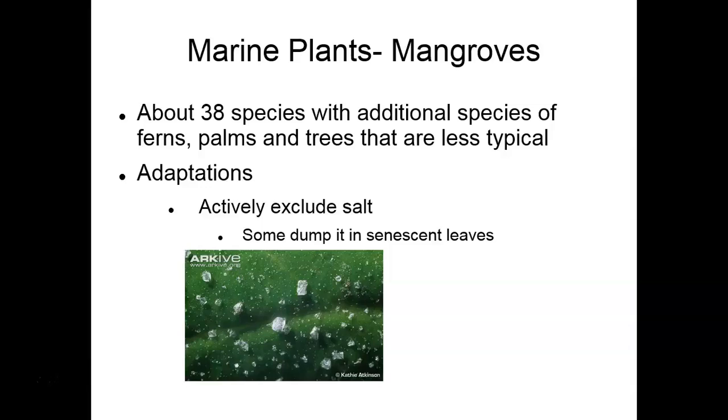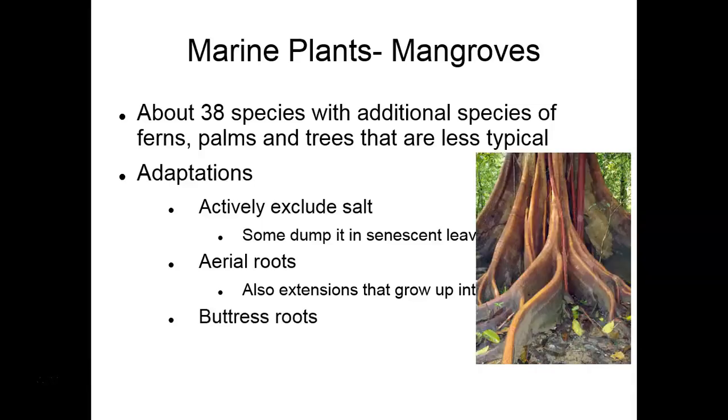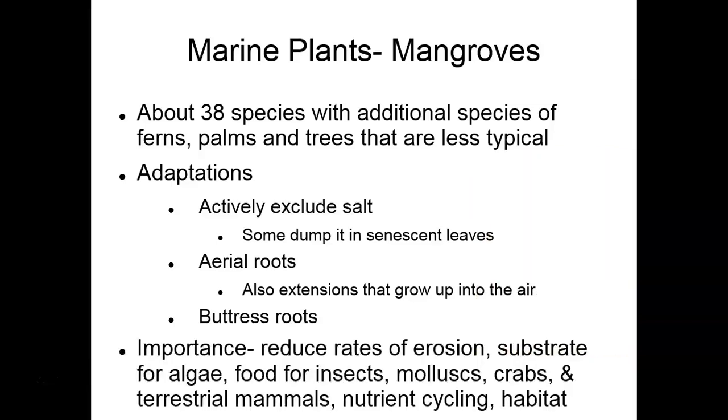Some dump it into the leaves that will then fall off of the plant. They also have aerial roots, which are extensions that grow up into the air and essentially make it so that they can dry out a little bit. Some of them have buttress roots, which allow them to be stronger and exist in shifting sediments.